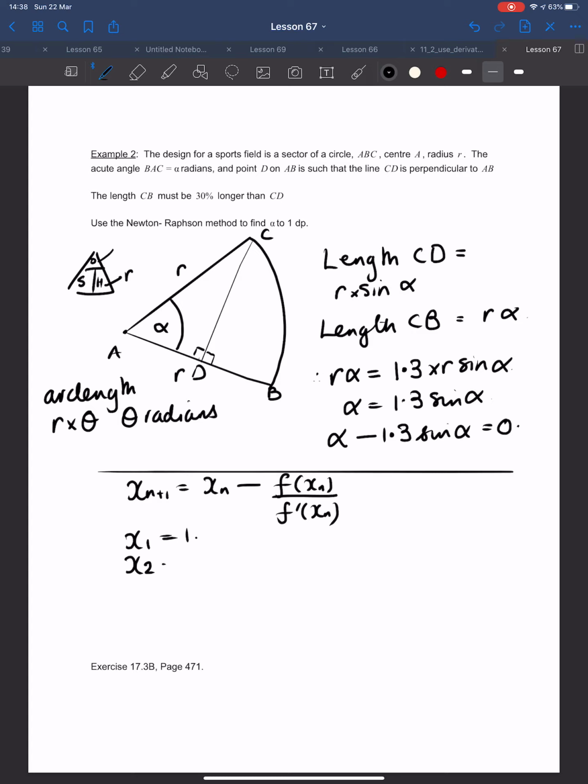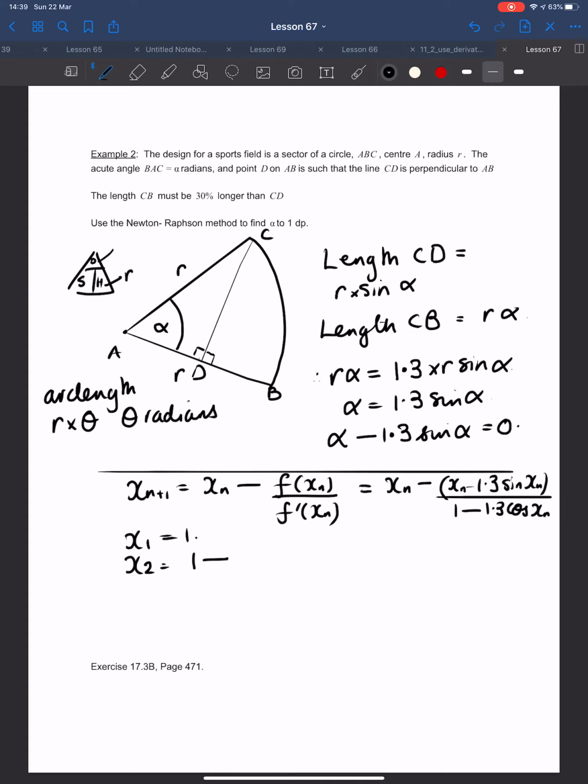Okay, so x2 is 1 minus, this is xn, f of xn is alpha minus 1.3 sine alpha. We've turned it into x's. Let's turn that into x's as well: xn minus 1.3 sine xn, all divided by the derivative, 1 minus, and sine differentiates to cosine, 1.3 cos xn.